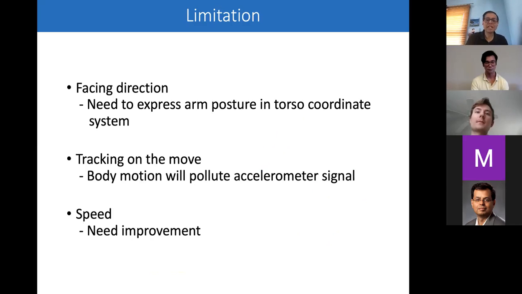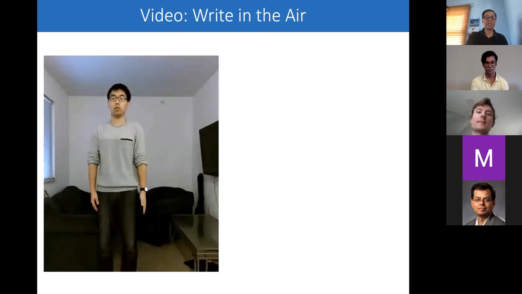Of course, there are limitations in this paper that you're reading. One limitation is that the student had to stand very still and only move the hand. If you start moving your body as well, like playing basketball and throwing the ball while your body is moving, it is very hard to track your arm gesture, because your measurement is your arm as well as your body. And the question is, how do you subtract the two?